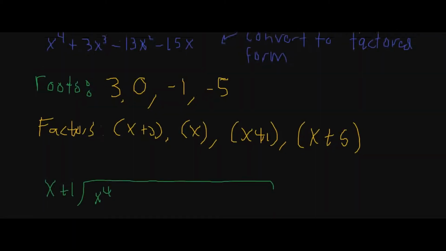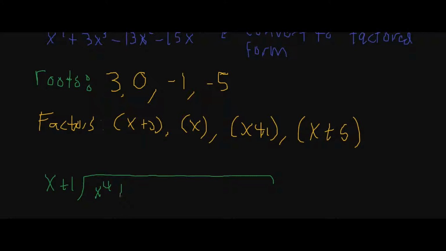We know one of the factors is x plus 1. We're going to get x to the 4th plus 3x to the 3rd minus 13x squared minus 15x.